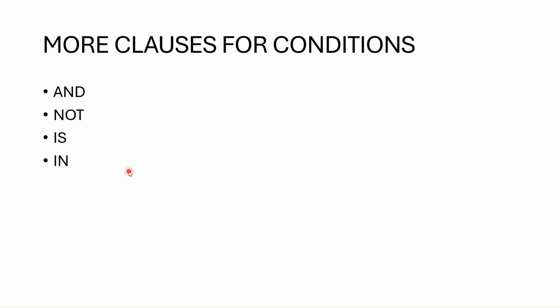You can use and so that we can test for multiple conditions. We can use not along with is, for example, especially when checking for null values. So where this is not null or is null, and then we have in. In allows you to check for values that are within a list of items. All of this we are going to see.